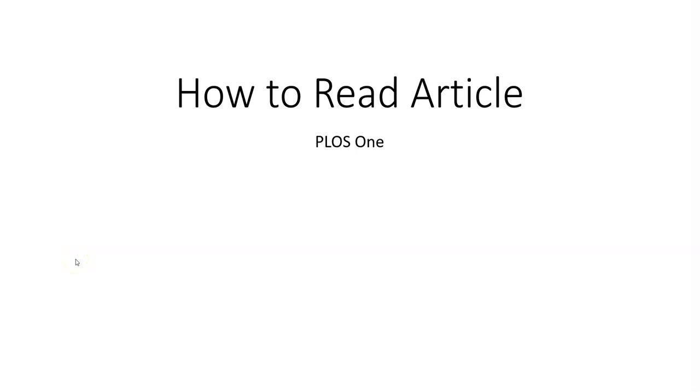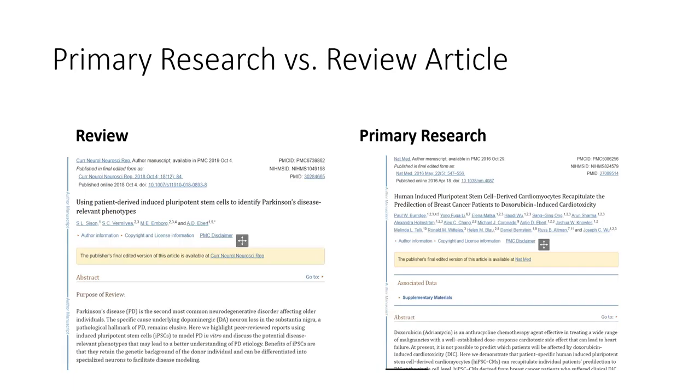First, I'd like to talk about how to read an article, and one of the big things to begin with is that it depends on the type of article you're reading. There are really two major types in the sciences: review articles and primary research articles. Review articles are a review of all of the information about a certain subject.